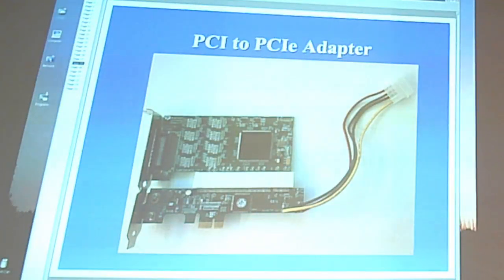I've got two of those in my main machine, one with this 8-port serial card plugged into it, and one with an Intel gigabit network card plugged in. And why, you say, would you ever do that?